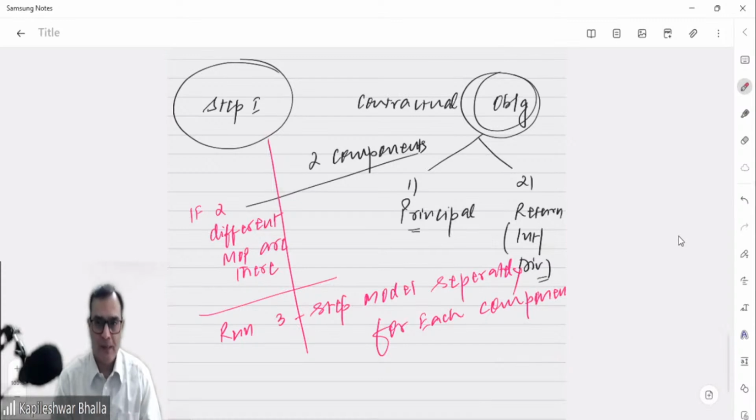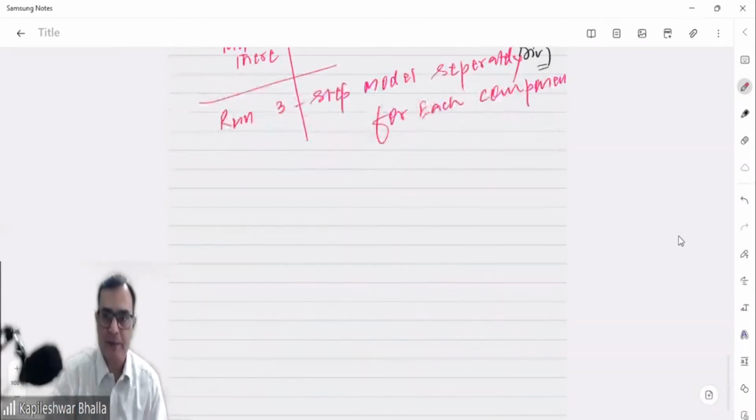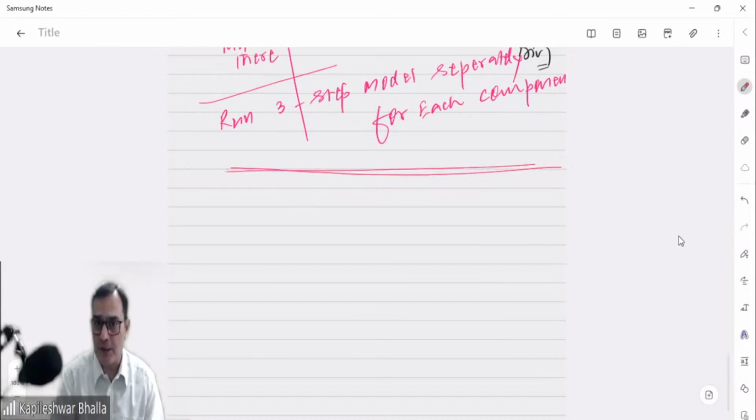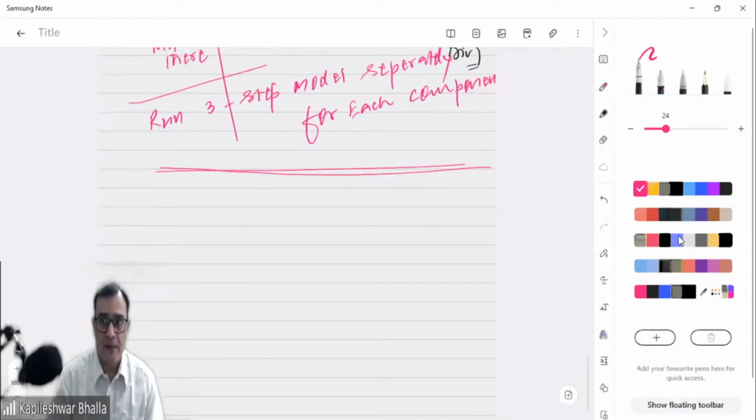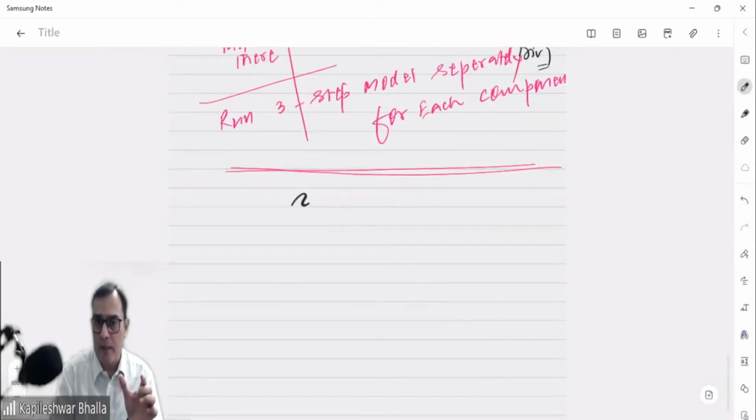Wow. Then we're going to call it a compound financial instrument. So moral of the story: you can have different permutation combinations arising by running this three-step model twice. You're going to get a few permutation combinations like this. If one component is a financial liability and the other component is also a financial liability, then overall the instrument becomes a financial liability.